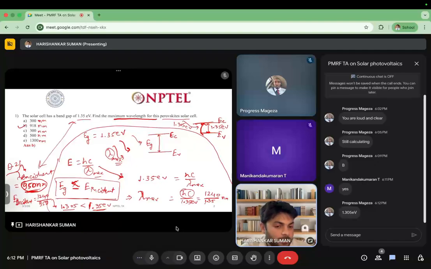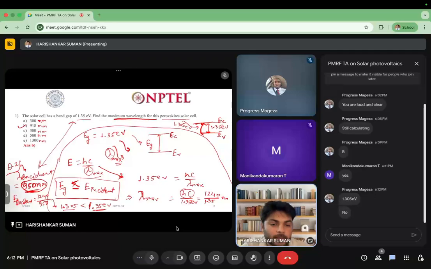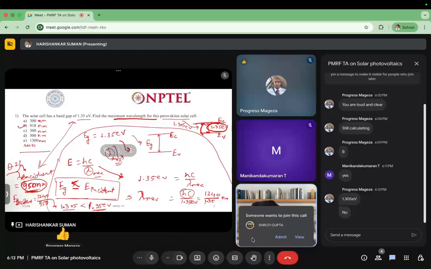Is this possible? No. So at least we need that much energy. Higher energy is acceptable, but lower energy is not acceptable. At least, the incident photon energy should be greater than or equal to the band gap. So please remember this concept. Clear to all?